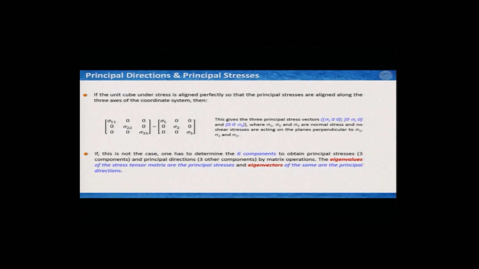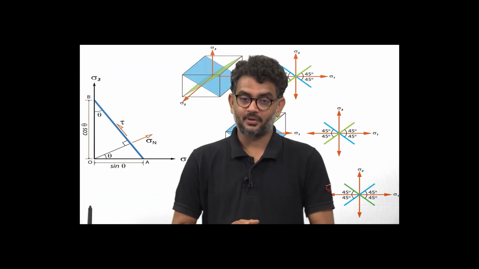Now as we have seen in the previous diagram, sigma 1, sigma 2 and sigma 3 are the normal components aligned along the principal axis of stresses.